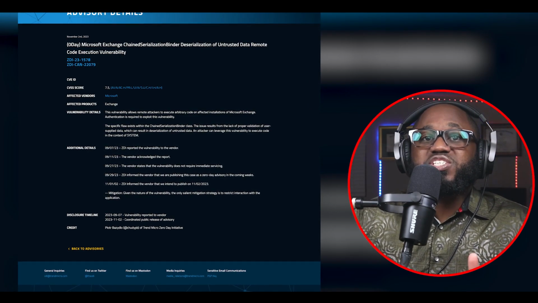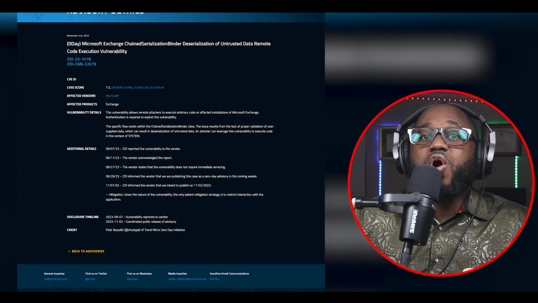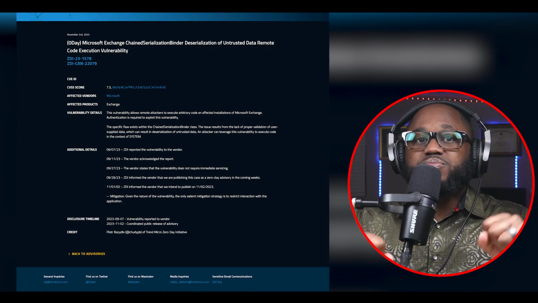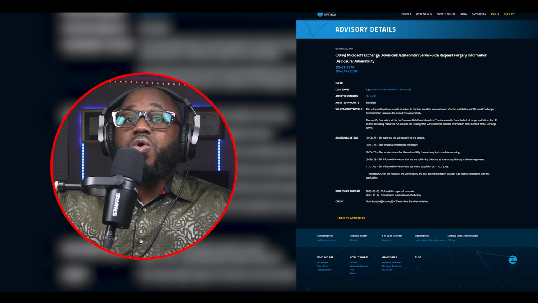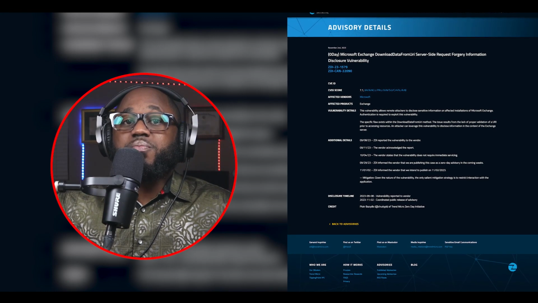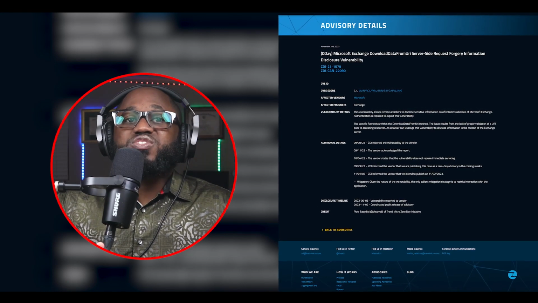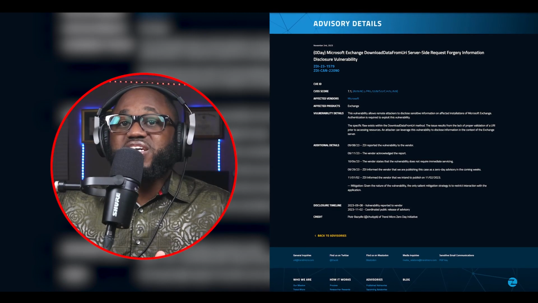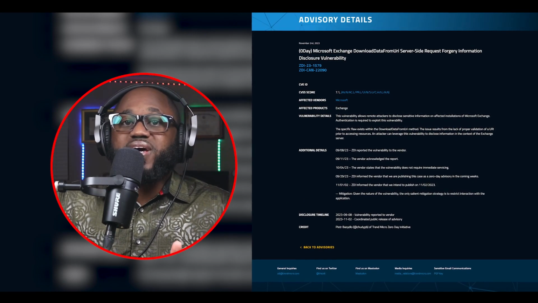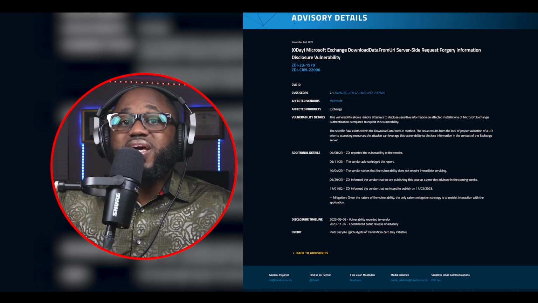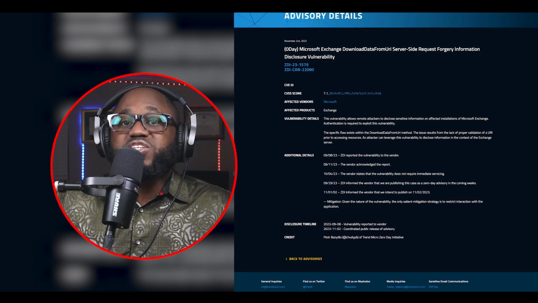Successful exploitation enables an attacker to execute arbitrary code as SYSTEM, the highest level of privileges on Windows. Next, we have the ZDI-23-1579, located in the DownloadDataFromUri method. This flaw is due to insufficient validation of a URI before resource access. Attackers can exploit it to access sensitive information from Exchange servers.